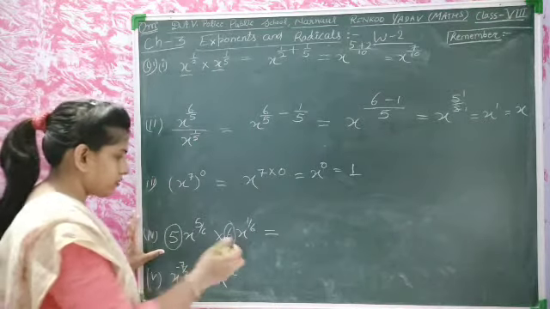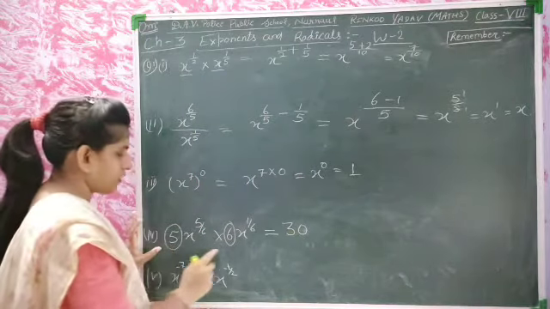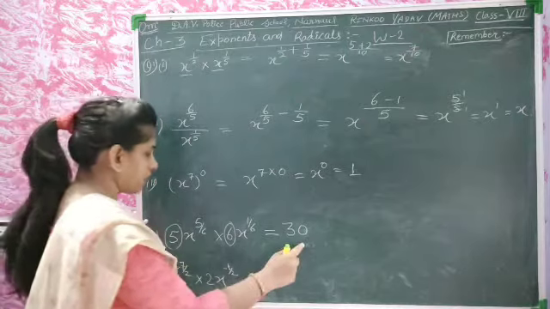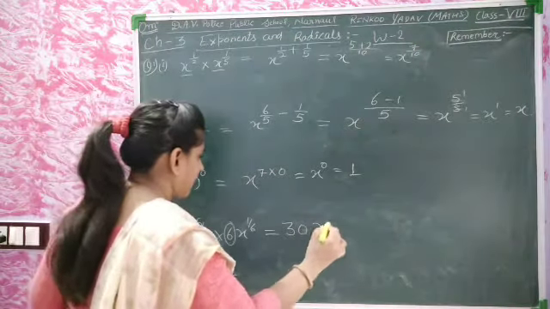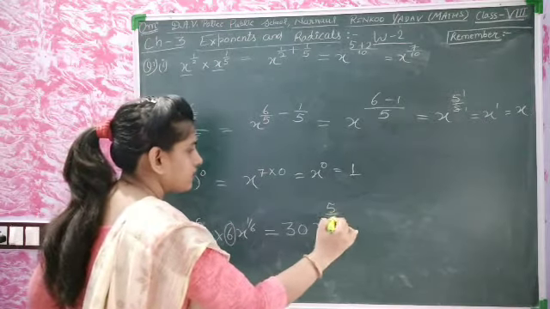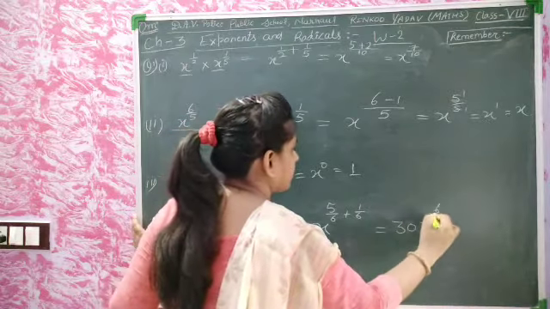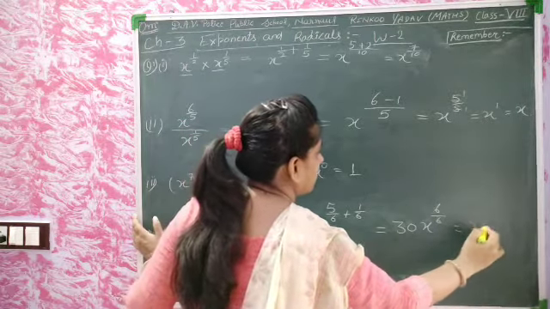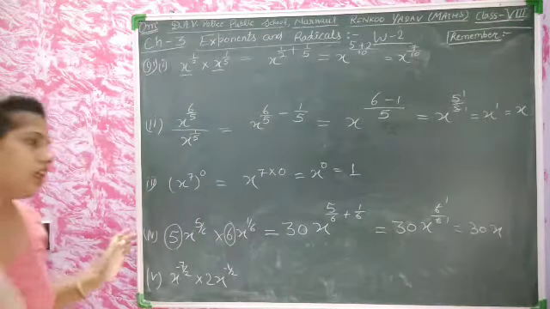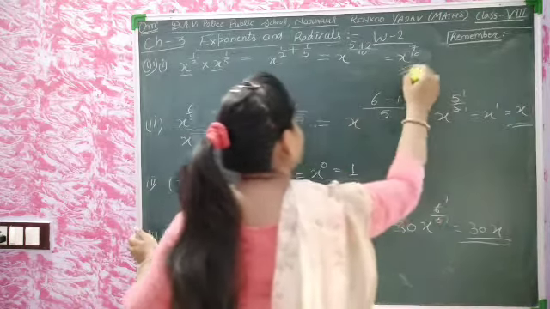We first multiply the coefficients of every number if there is a multiplying sign. 5 sixes are 30, and x bases are same, powers are added: 5 by 6 plus 1 by 6. It will get 30 x to the power 6 by 6, which equals 30x. 30x is the answer here. It is done. Now we will go to the next question.